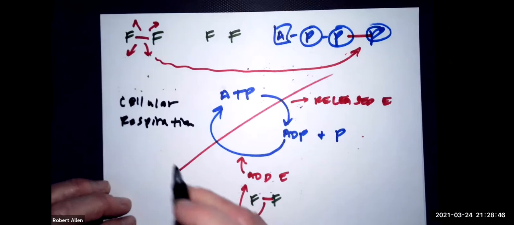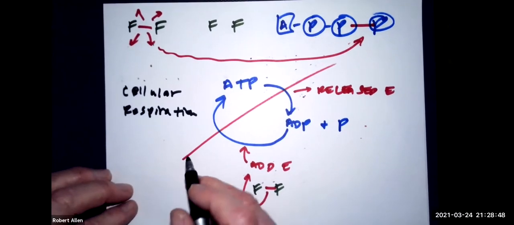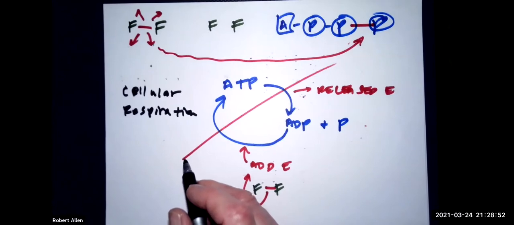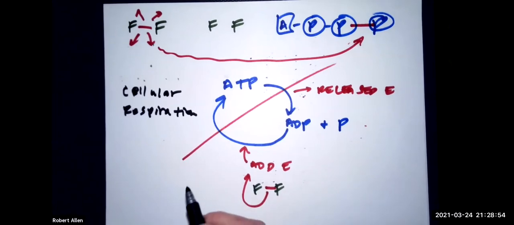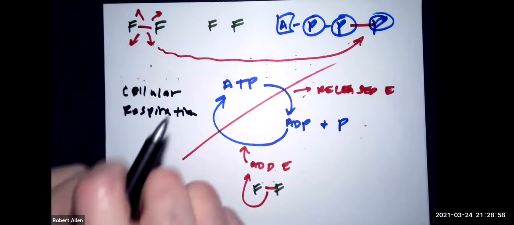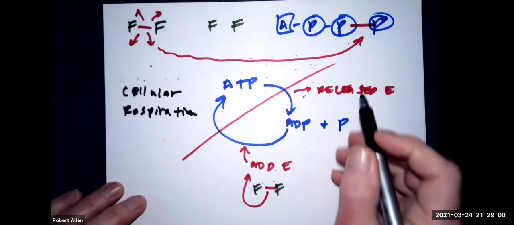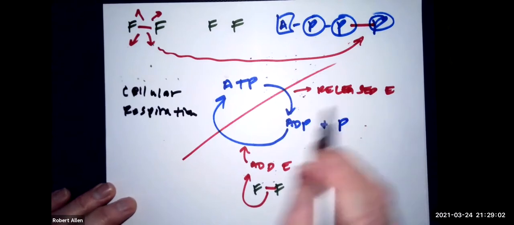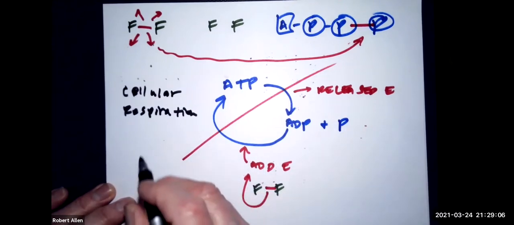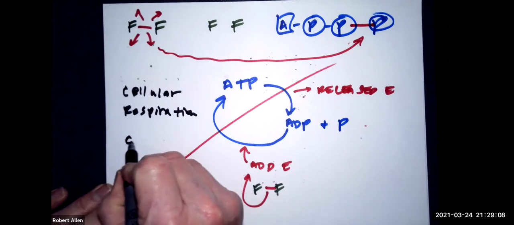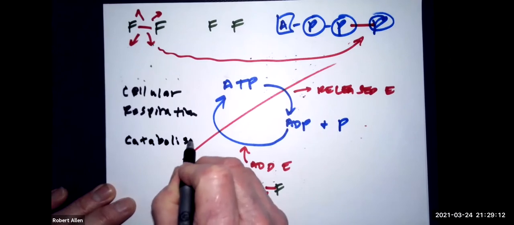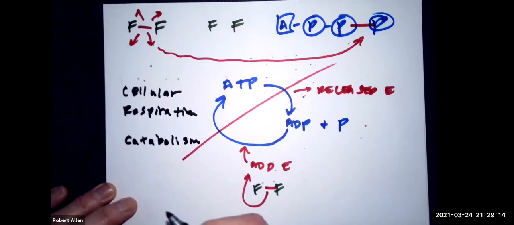Now, Professor Smith, who wrote this lab, also talks about a couple of other terms. I'm just going to throw them out there for you in a way to remember them pretty easily. He said if a process breaks the chemical to release energy, it's a catabolic process, or we say it's catabolism, C-A-T-A-B-O-L-I-S-M, or it's catabolic.